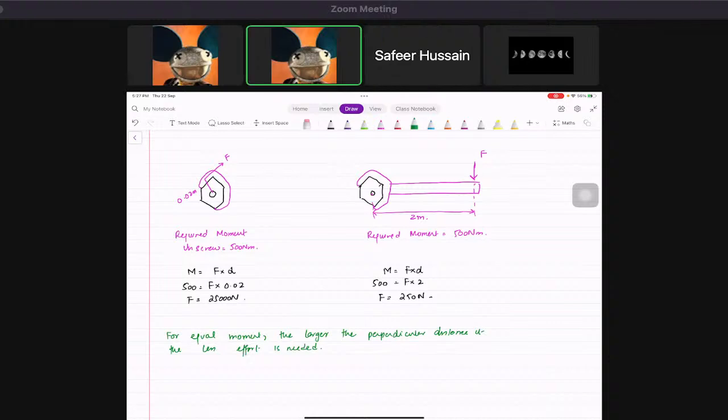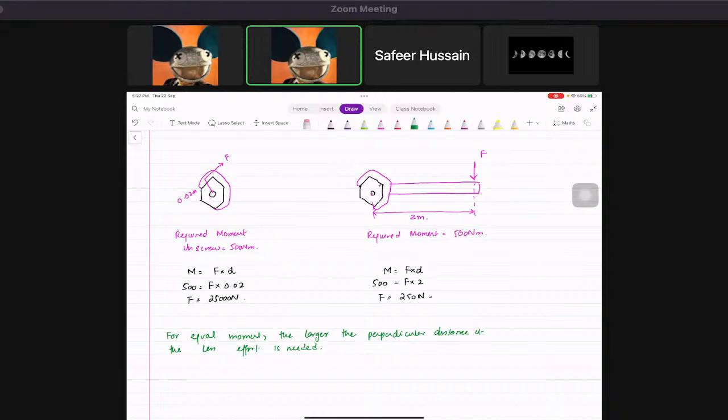Very good. Now, I basically gave you an account of how to increase moment, and also how to understand the effect of the force and the effect of the distance itself. Now, let's talk about balancing something.